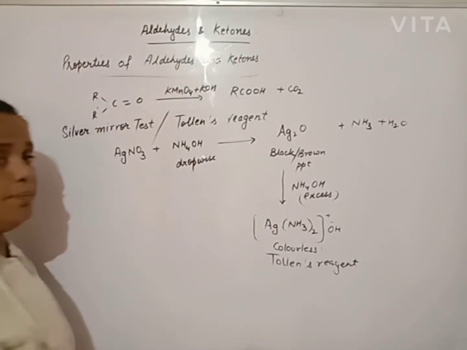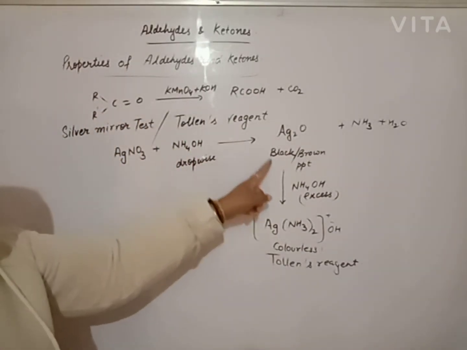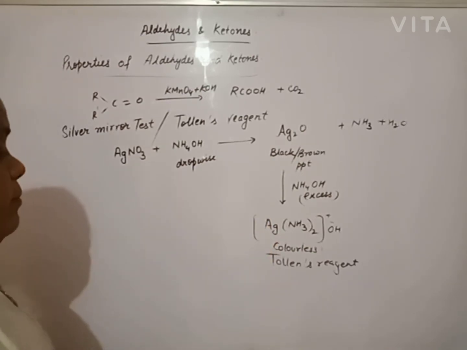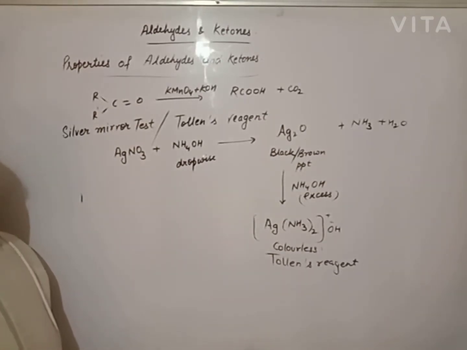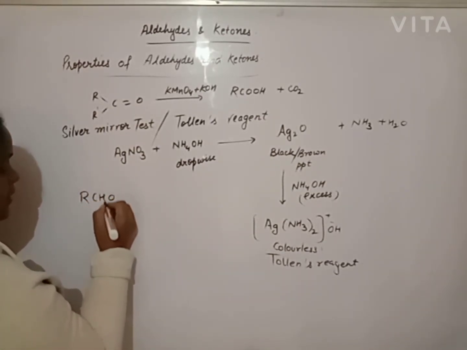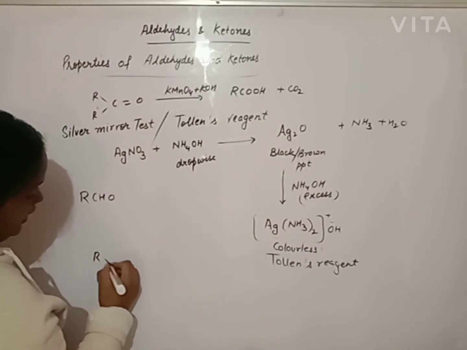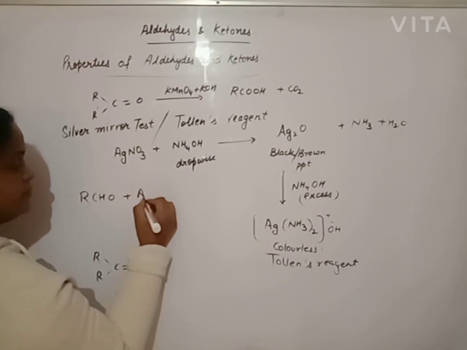If it is present in the lab, you will use it, but if not, you can prepare it by this method. Now we divide this Tollens reagent into 2 test tubes. In one test tube we will add aldehyde, in another test tube we will add alcohol, and add Tollens reagent.